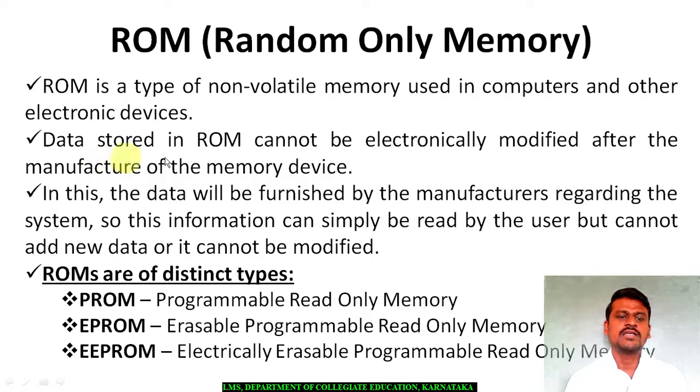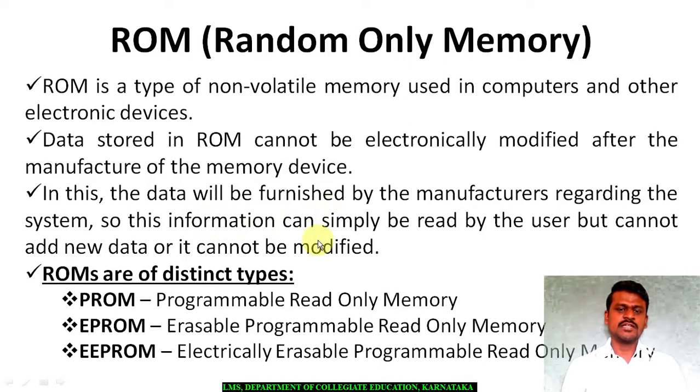That means data stored in ROM cannot be electronically modified after the manufacture of the memory. The first initial ROMs were such that once the data was stored inside the ROM, it could not be modified. Next, in this, data will be furnished by the manufacturer regarding the system.